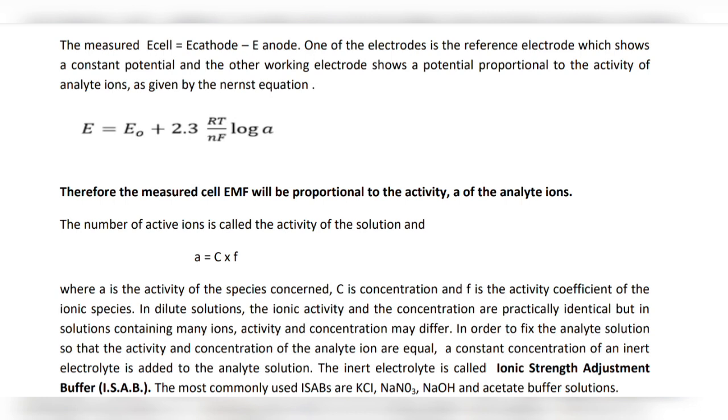Okay, and what is meant by this activity? Activity means the number of active ions in a solution. We can use the term A for that activity. Suppose A is equal to C times F, where C is the concentration of that solution and F is the activity coefficient of the ionic species.